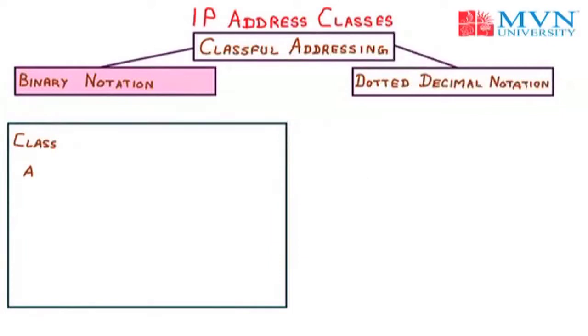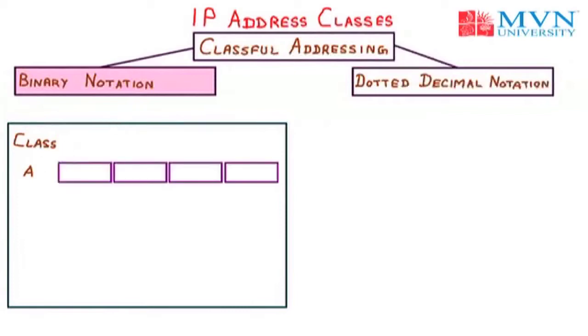First is class A, in which we have all the 4 octets. An IP address is a combination of 32 bits, or 4 bytes. So this is my first byte, this one is my second byte, then my third byte, then the fourth byte.